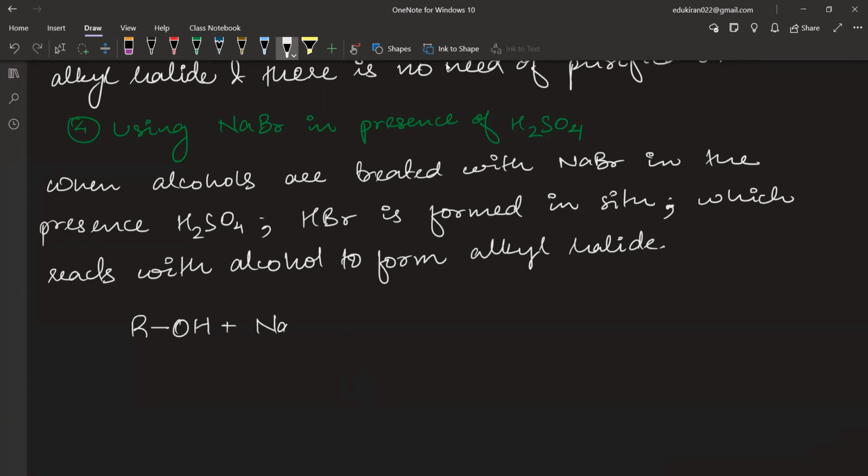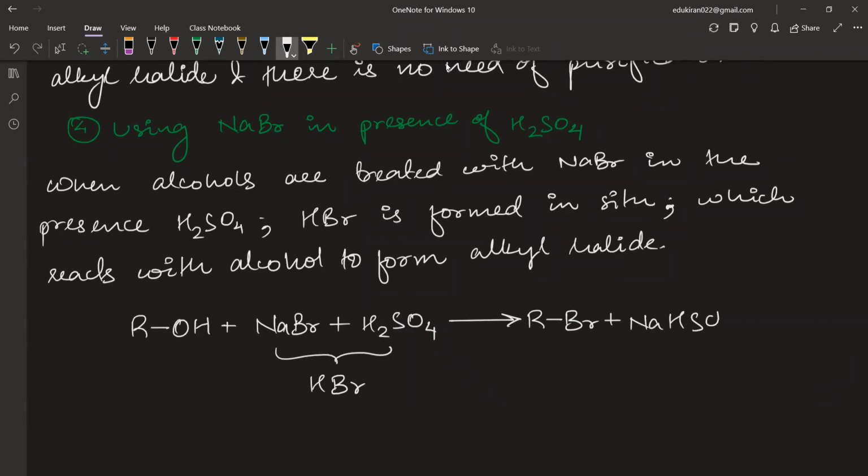We have NaBr. We also have H2SO4. Now H2SO4 and NaBr first react and form HBr. This HBr then reacts with ROH and forms RBr plus NaHSO4 plus H2O.